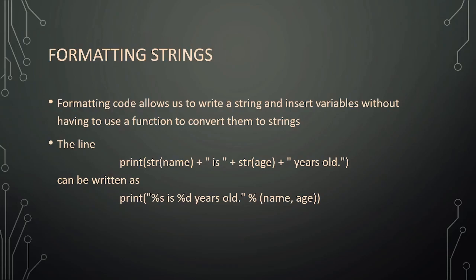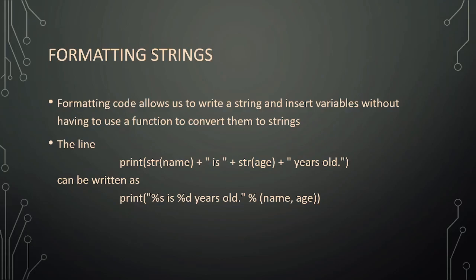So this can actually be shortened by using the %s to hold a string variable, %d for a number variable. So with my example here, I've got %s is %d years old, and then at the end of my print string, I have one more percentage outside of the quotes, and then I have brackets and the variables that I'm going to be using in that order.